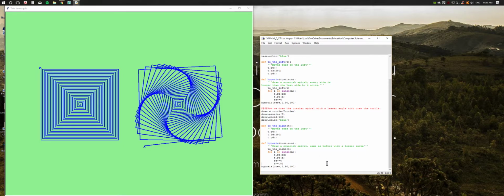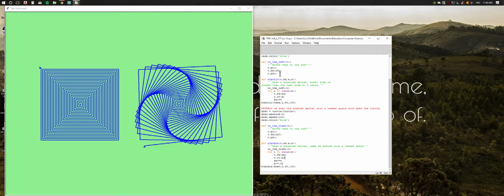Now I messed around a little bit to get this to look like this, and you can play around for yourself to see how your turtle draws, but I've decided to go with only 0.02 degrees smaller than 90 degrees. So I'm drawing 89.98 degrees in terms of turn angle.